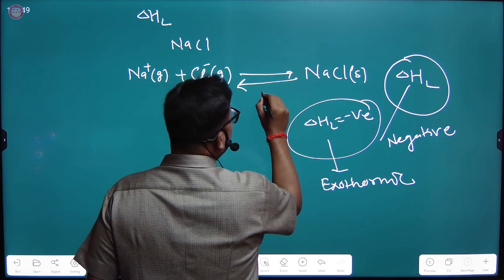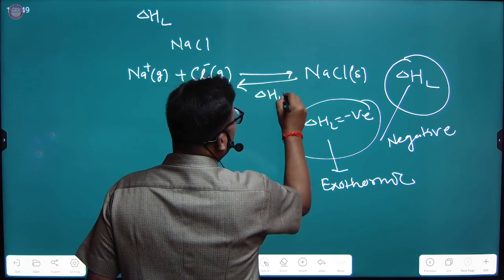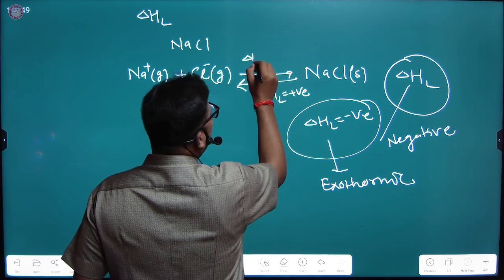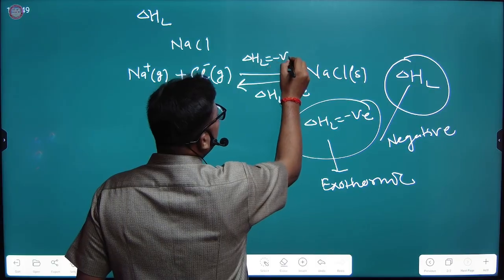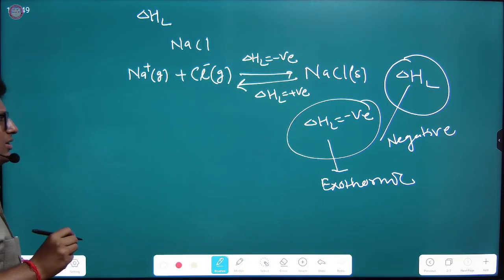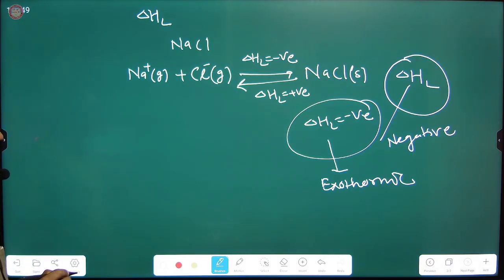So in this case, delta HL must be positive. In the earlier case, delta HL must be negative, right? So both ways it can be defined, either positive or negative.